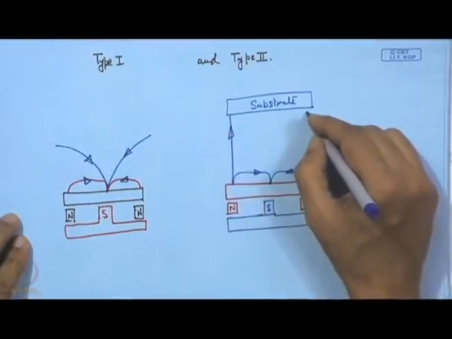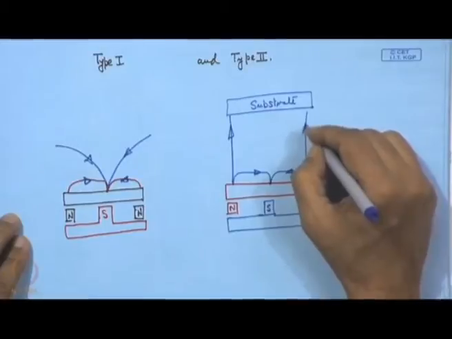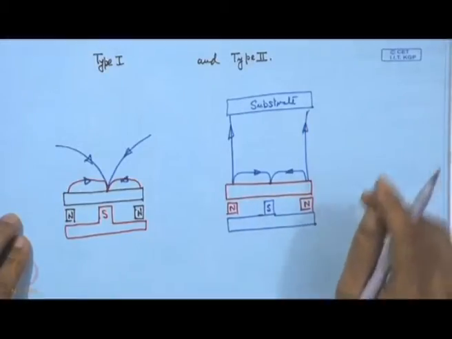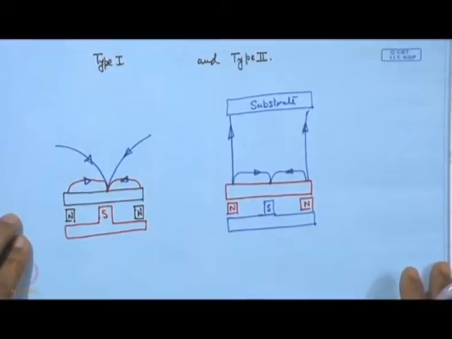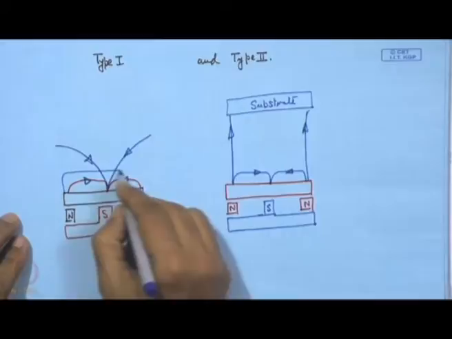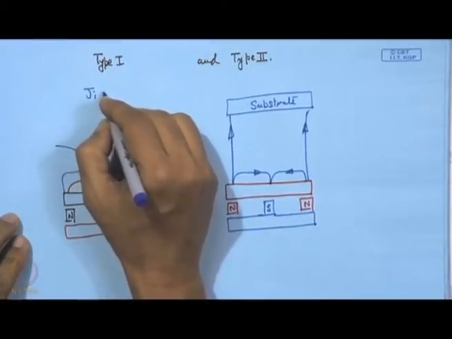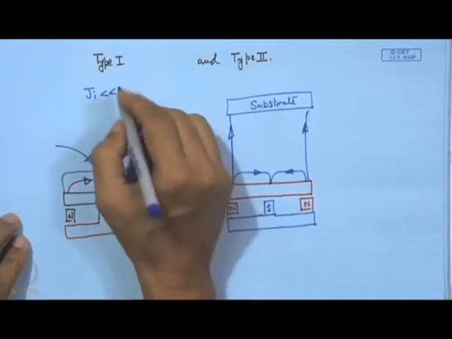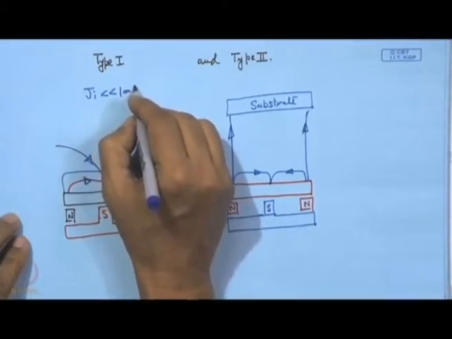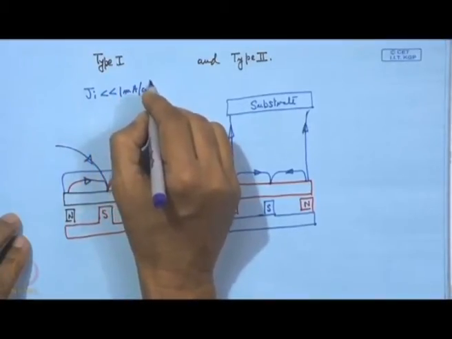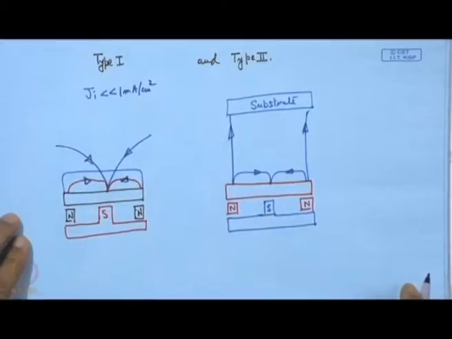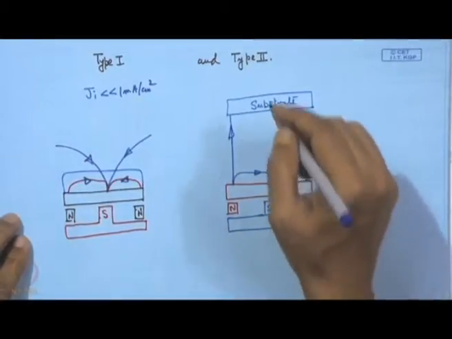A few of the field lines will be directed towards this surface, and as a result, this plasma, which is more or less confined within this plasma volume, has J I much less than 1 milliampere per centimeter square, whereas here it will be more than that.